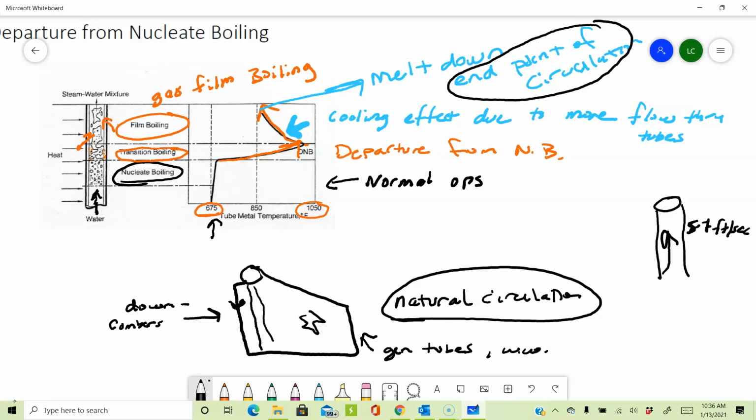So the key thing is, downcomers prevent end point of circulation. Natural circulation was designed to eliminate this departure from nucleate boiling.